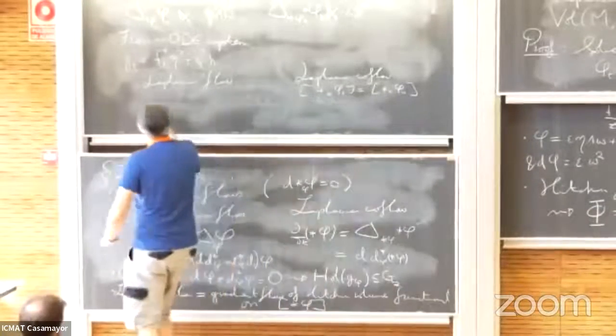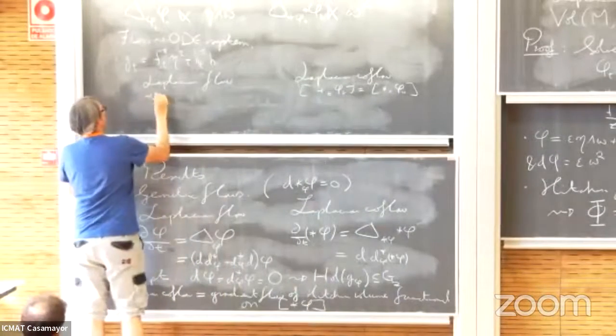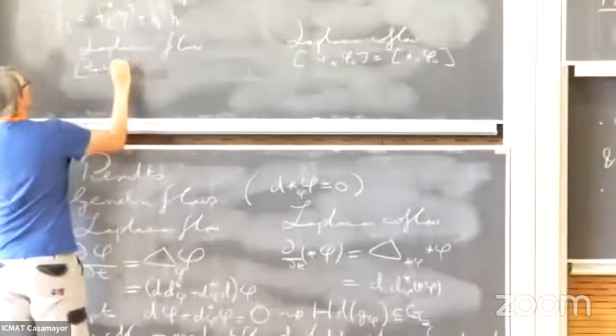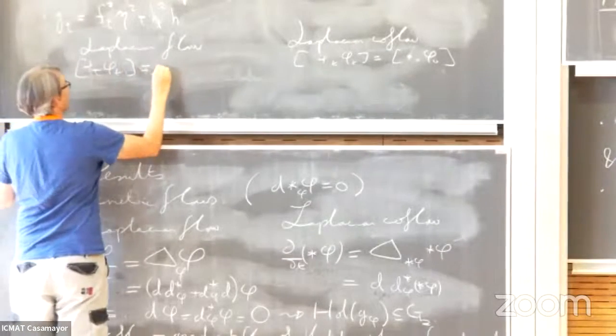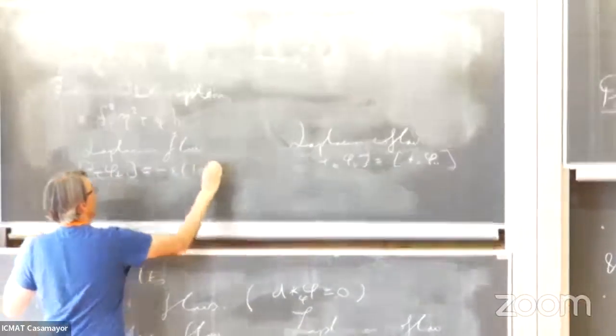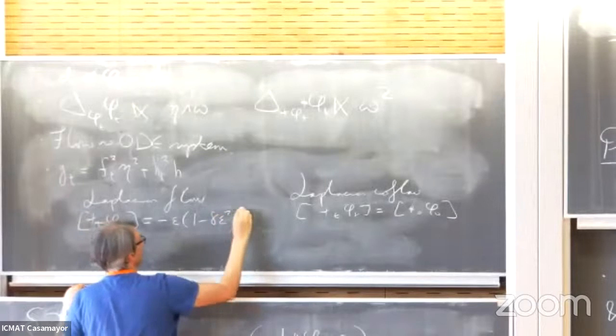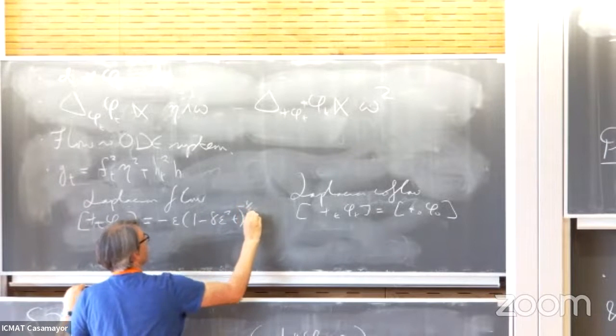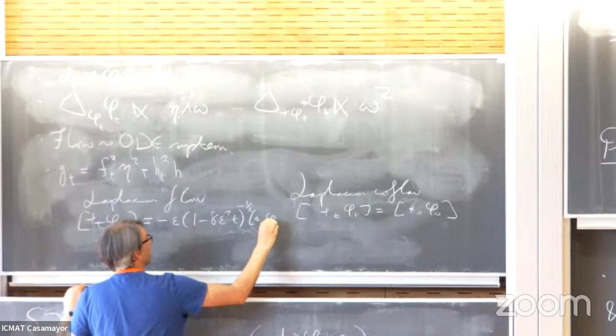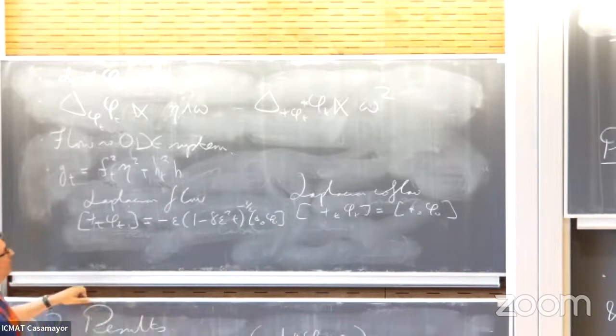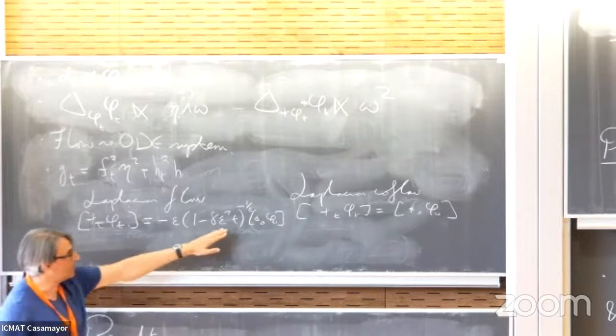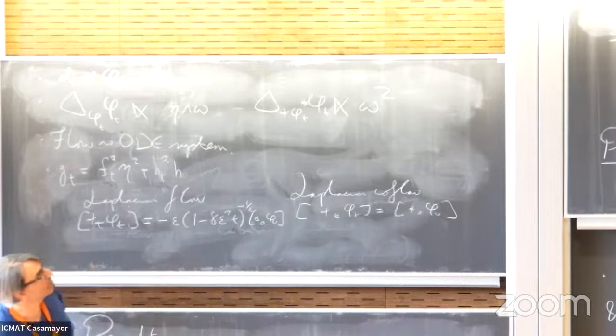In fact, what you find is that the class is something like (1 minus epsilon squared t) to the minus a half times star_0 phi_0.